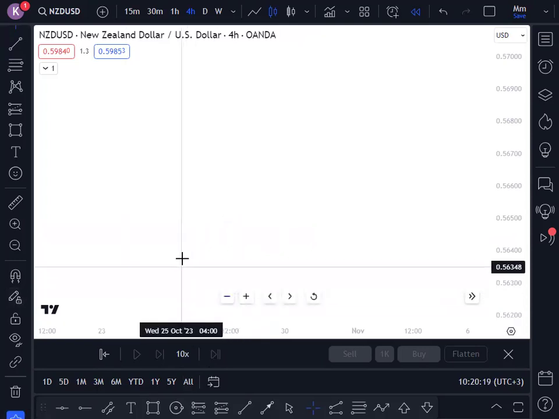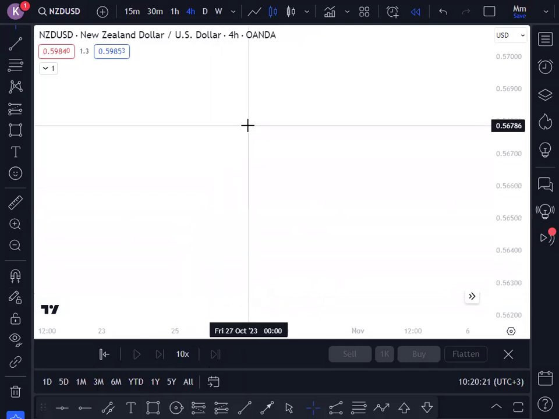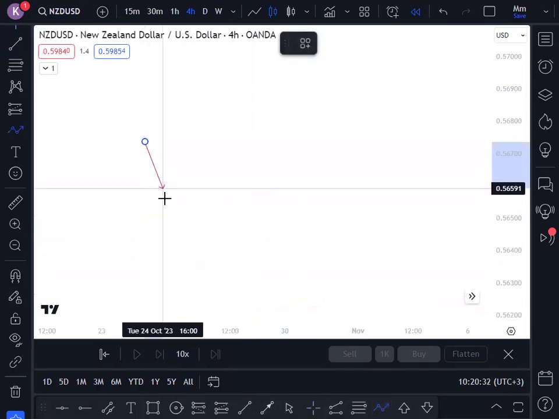Support is located at the lowest point where the market has reached and the buyers are rejecting the market to go to further pushes.